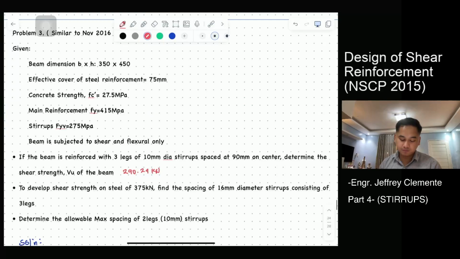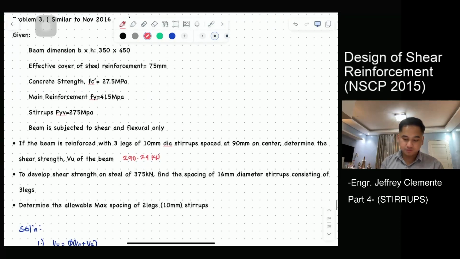Okay? So to the next question, sabi, to develop a shear strength of steel of 375, find the spacing of 16 mm diameter stirrups consisting of 3 legs. So binigay yung shear, merong diameter, ang hinahanap is spacing, di ba?